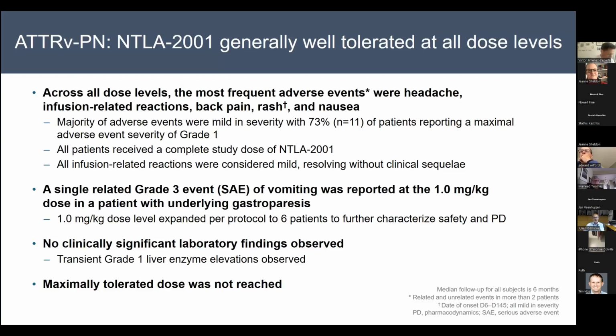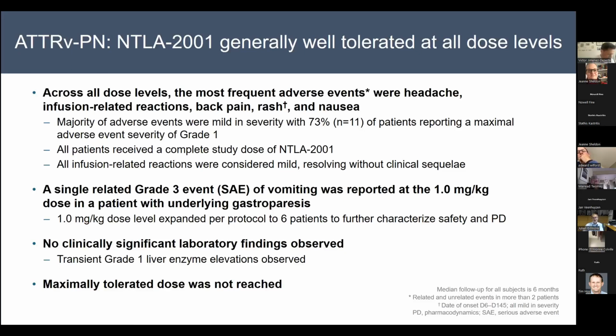There was a single serious adverse event, or SAE, which was that of intractable vomiting in a patient who was known to have very significant pre-existing amyloid-related gastroparesis, and he received a 1 mg per kilogram dose of NTLA-2001. In other words, the highest of the 4 doses.